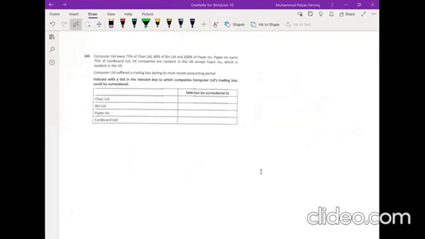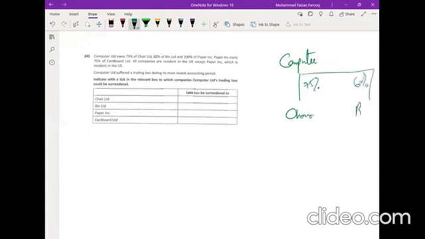Okay, we have Computer Limited. Computer owns 75% in Chair, 60% in Bin, and 100% in Paper.